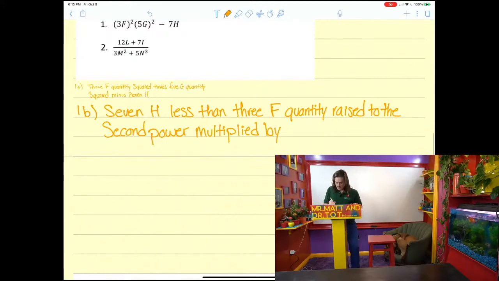So these are exactly equivalent expressions or descriptions. I just want you to be aware of both of them.